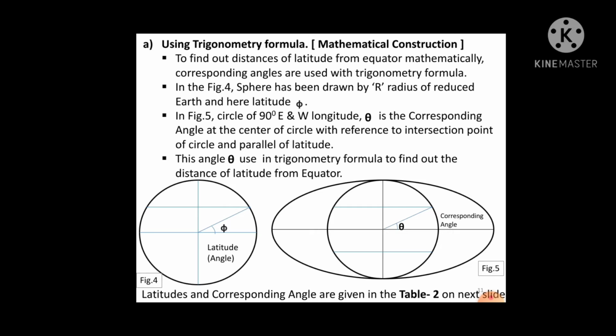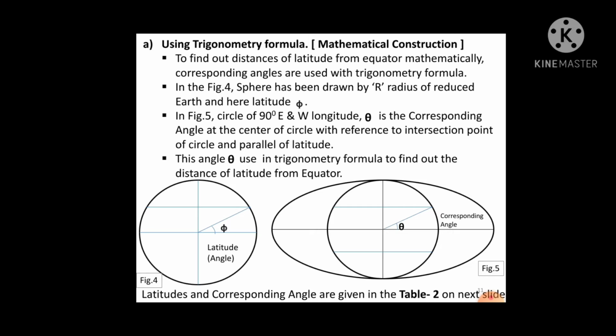Keep in mind that the next angle, which has been formed with respect to the circumference of the 90 degree circle, is not equal to the latitudinal angle, right. So this new angle, which has been introduced after the construction of the 90 degree east and 90 degree west meridian circle, is the angle of any point on the circumference of that circle when joined to the center of earth.